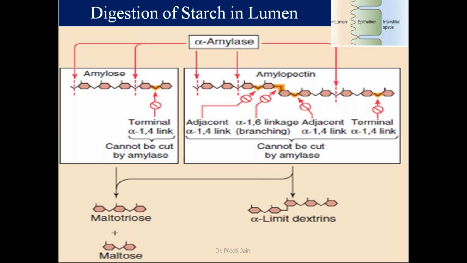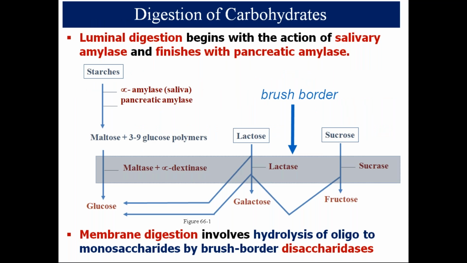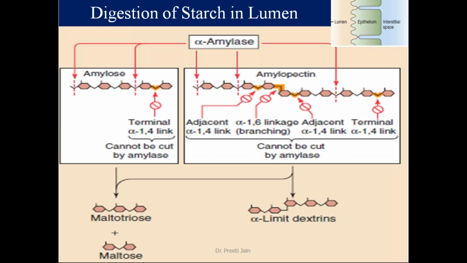So for the digestion of carbohydrates, you have two parts. One is the luminal digestion and another one is the membrane digestion. The luminal digestion begins with the salivary alpha amylase and continues with the pancreatic amylase. What the alpha amylase is basically doing is breaking down the starch into either maltotriose or alpha limit dextrins.